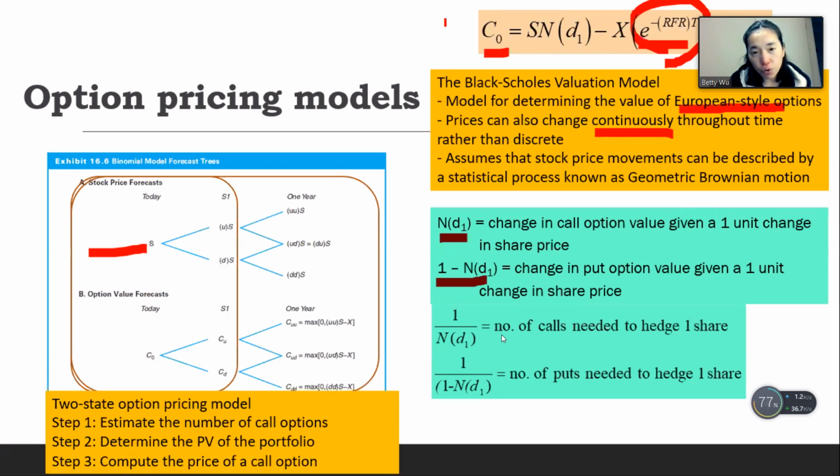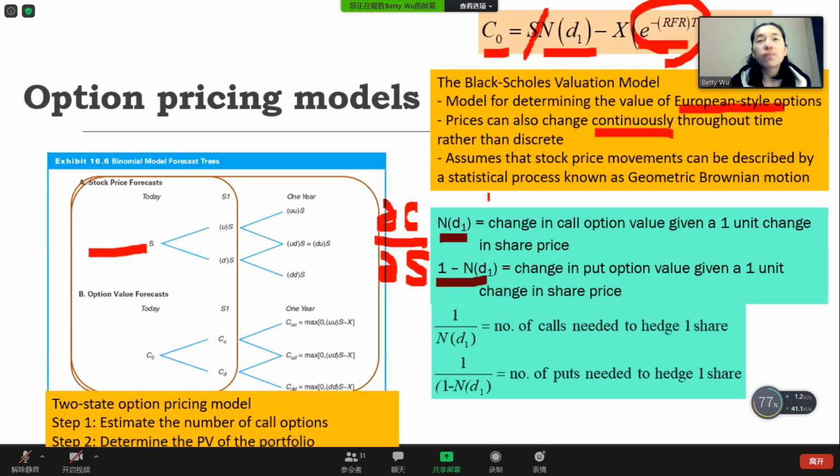And I can write it here: C, S. Okay, the first differential. So if you take the first differential of C with respect to S, then you will get this.